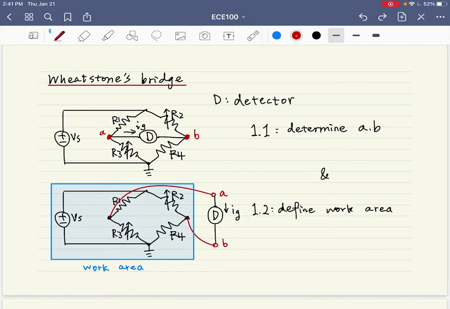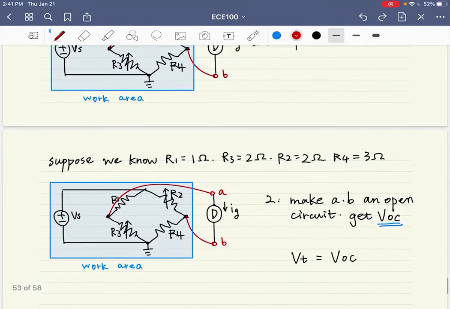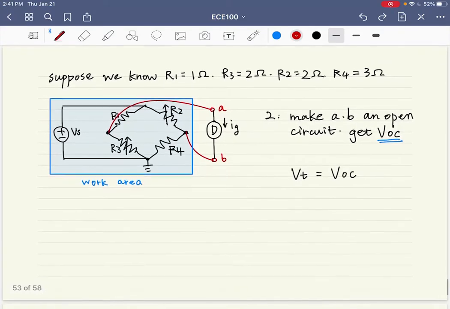Then we can derive the unknown resistance using the other known resistance values. Okay? So now let's take it as an example to see how to analyze the equivalent circuit step by step.